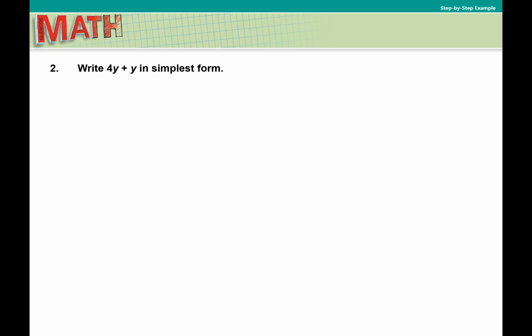Okay, so now we're going to write 4y plus y in its simplest form. Okay, so 4y and y, we know are like terms because they have the same variable. Remember, y is the same thing as 1y. So then we can change this expression here into 4y plus 1y.